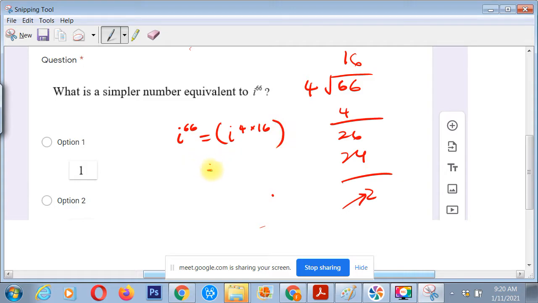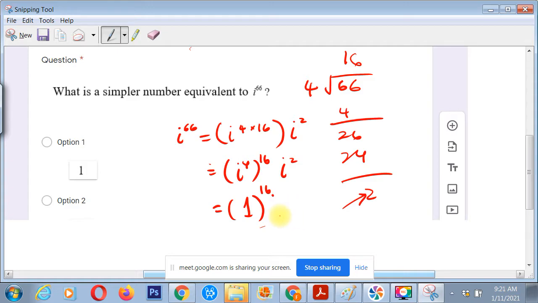So what we will have is 1 to the power of 16. But you have another one here, which is i squared.